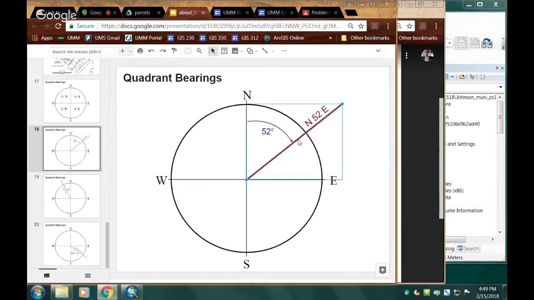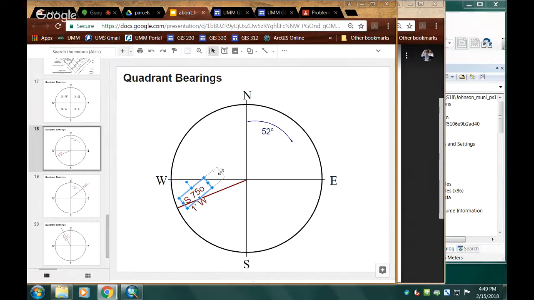If I have a quadrant like this, I have a point south and then west about 75 degrees. So it's about there, out here. South and then 75 degrees, 1 minute west. So that's what we're looking at in this deed.